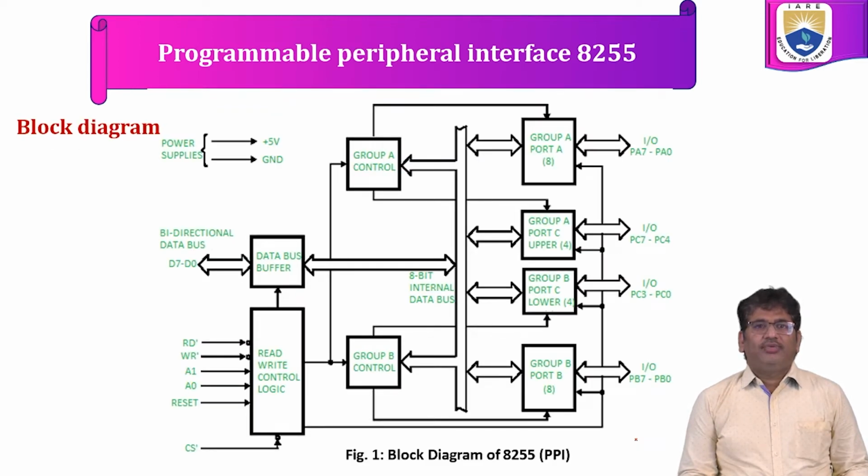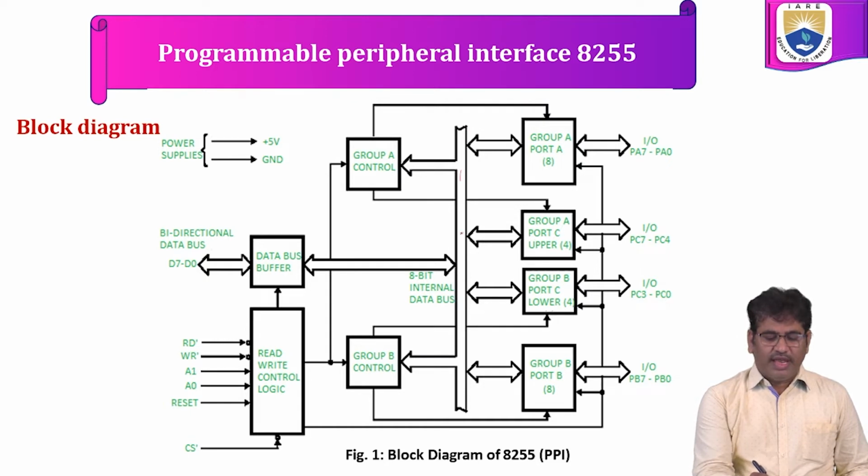The block diagram of the 8255 is shown in the figure, which consists of a data bus buffer and read-write control logic, Group A control block, Group B control block, Group A port A, Group A port C upper block, Group B port C lower block, and Group B port B block.